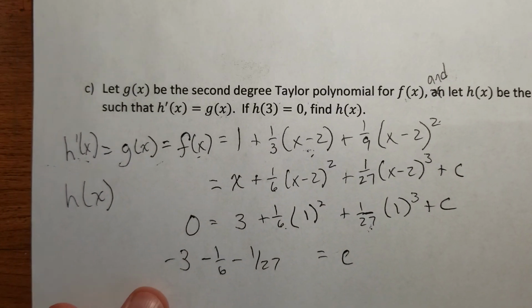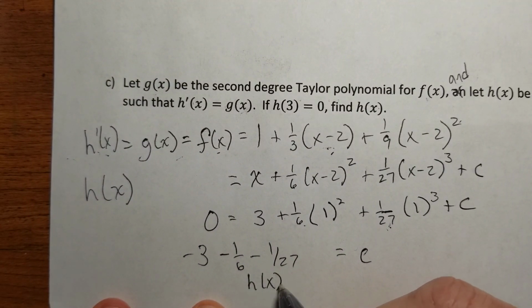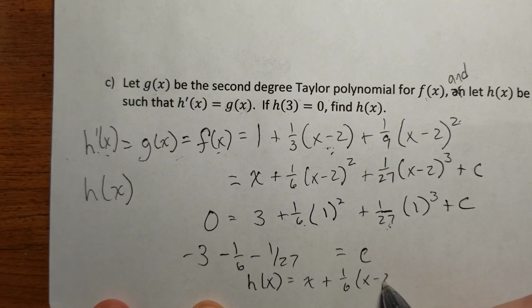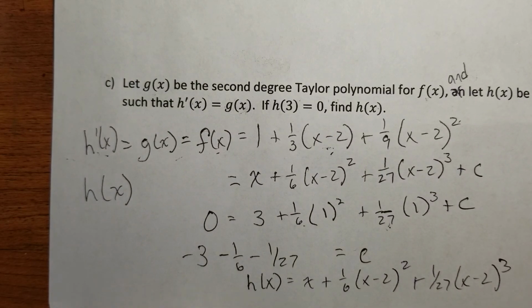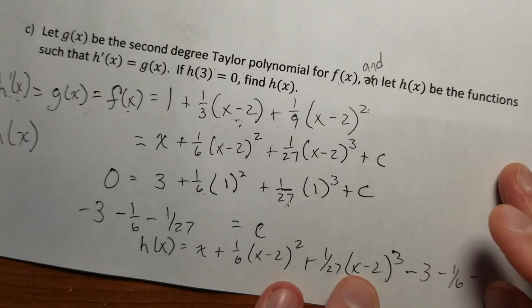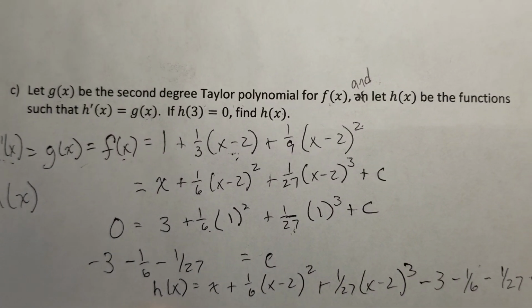And just for simplicity's sake, that'll allow us to say that h of x is x plus 1/6 times x minus 2 squared plus 1/27 of x minus 2 cubed, and then plus our constant, so -3 minus 1/6 minus 1/27. And there's h of x.